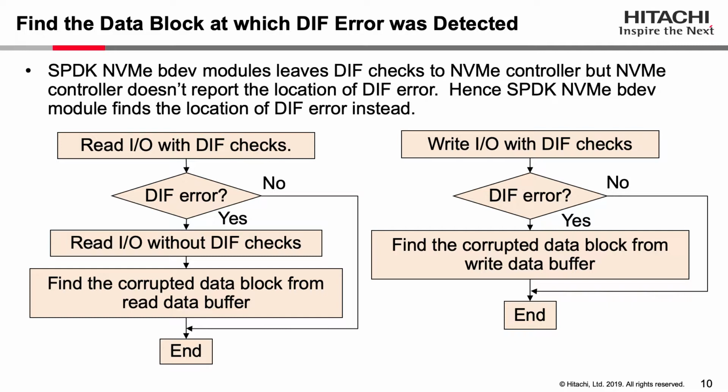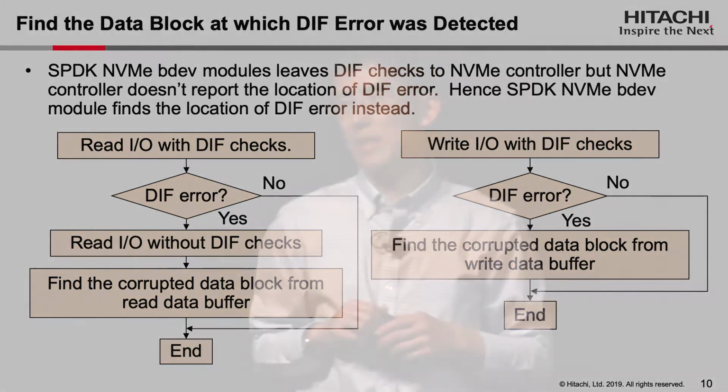The left-hand side shows iSCSI read, and for iSCSI read, data is transferred by one or more Data-In PDUs. And the right-hand side shows the iSCSI write sequence. To reduce the exchange of PDUs, a SCSI write command can have data as immediate data, and subsequent data is transferred by one or more Data-Out PDUs.